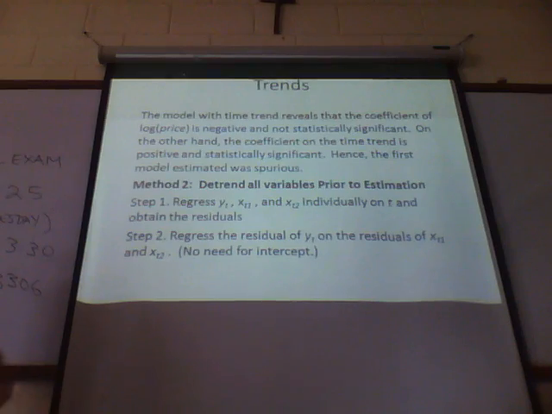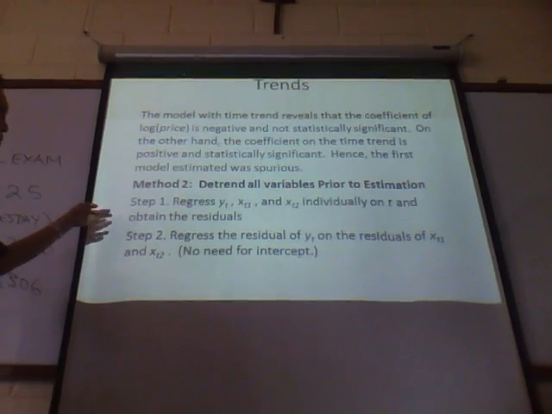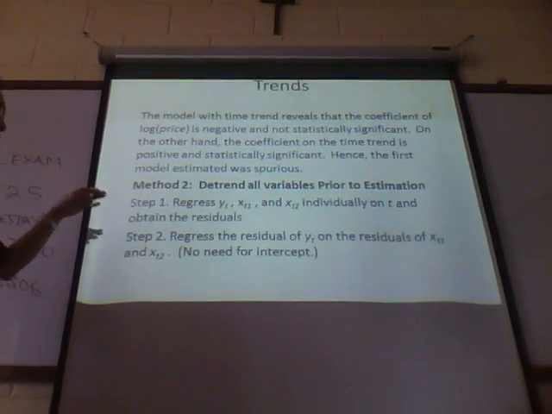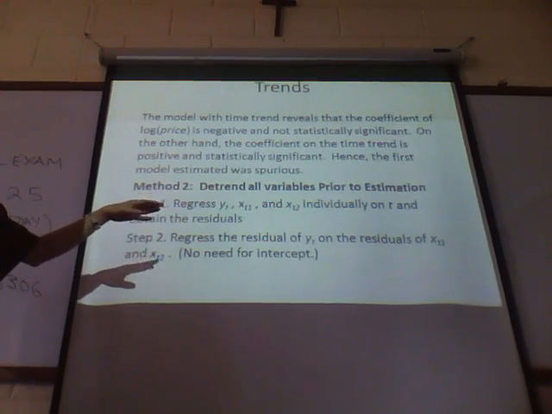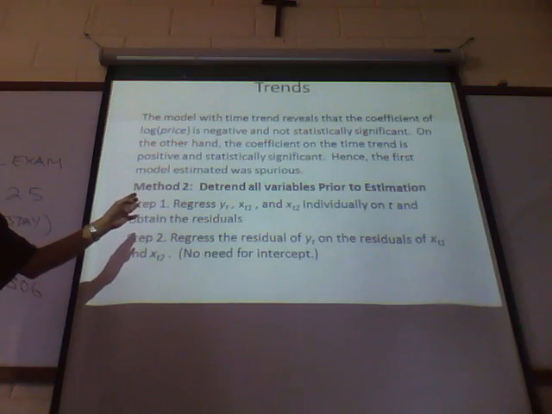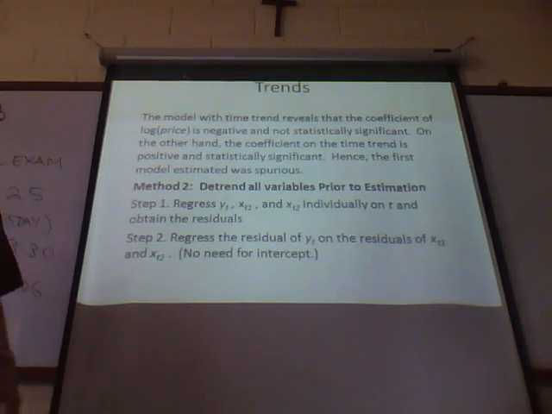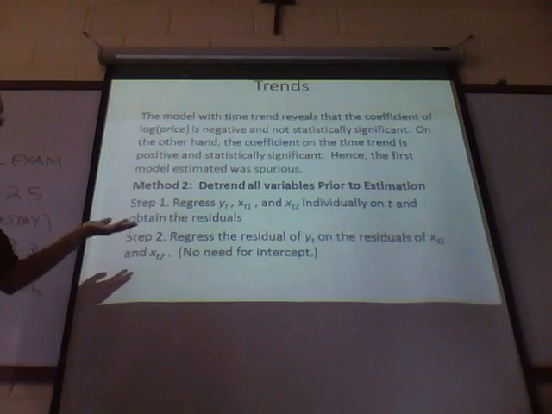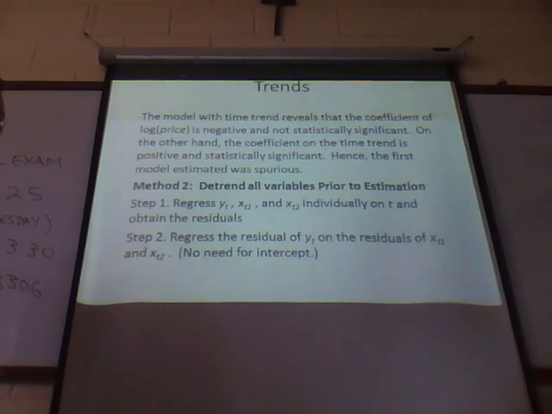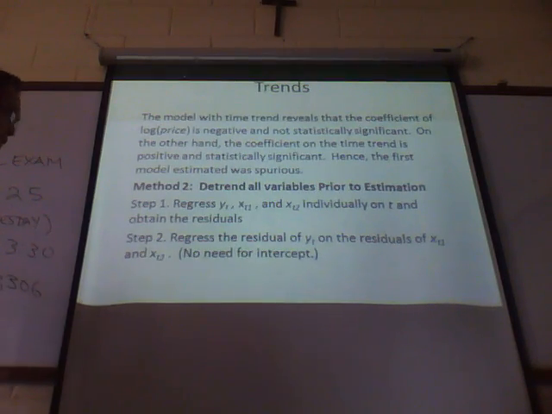We have two steps here. Step 1 is the detrending: regress y, x sub 1, x sub 2, all the variables in your regression, separately or individually on time, t, and obtain the residuals. Then, to carry out the regression, regress the residual of y on the residuals of x1, x2, etc., with no need for an intercept.